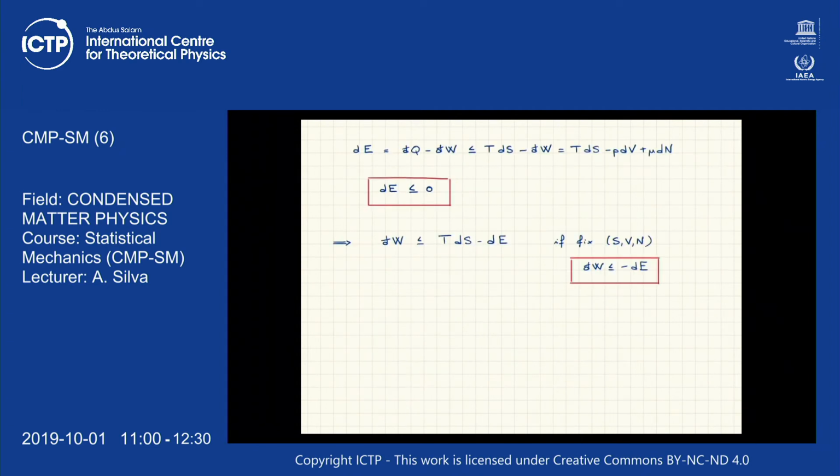Now, let's consider another important thermodynamic potential. So this is the thermodynamic potential for a completely isolated system in a volume. Let us consider another one that is very important for statistical mechanics.